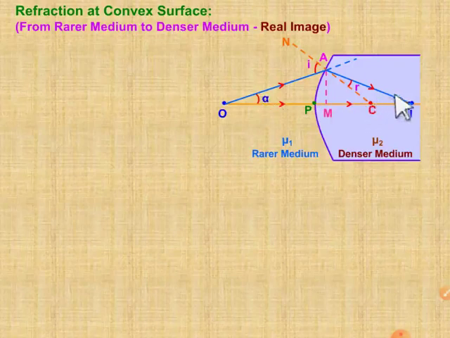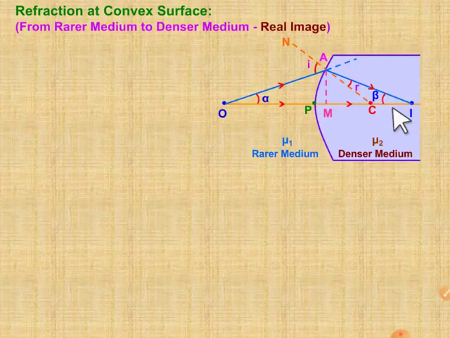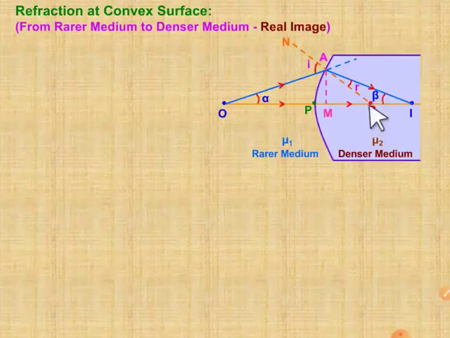And the angle between the refracted ray and the principal axis will be called beta. Don't forget it: alpha, beta, gamma. That means object, image, radius of curvature. For object, we will take alpha. For image, it will be beta. For the normal, that is the center of curvature, we will take gamma.